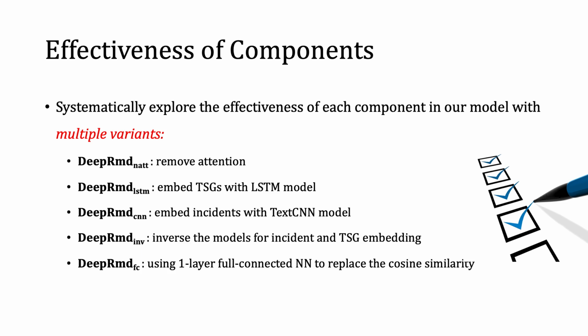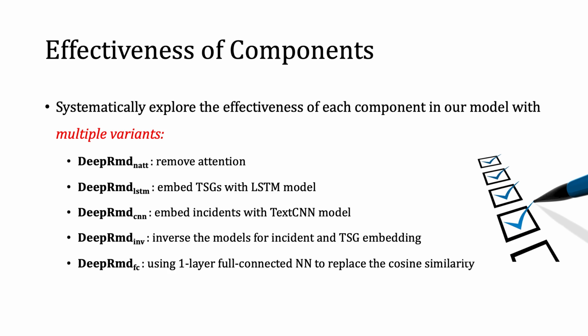Then we further systematically explored the effectiveness of different components in our model with multiple variants of our approach, such as removing the attention in the model, replacing the text CNN model with LSTM or vice versa.